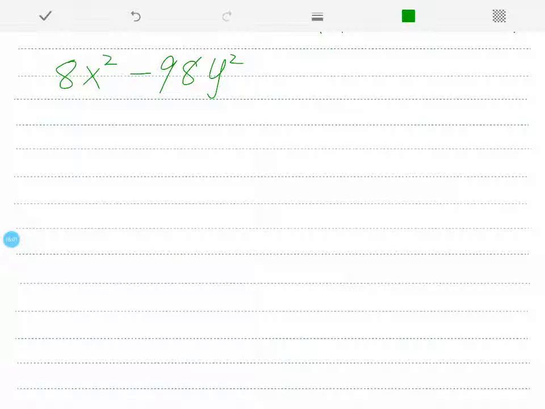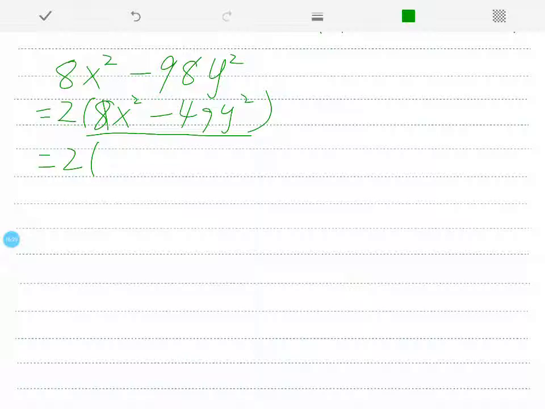Yes, it doesn't fit in the current form, but when you put the common factor in front, which is 2, it becomes 2 times 8x squared minus 49y squared. Now you find what's inside the bracket will fit the formula. So that equals 2 bracket, oh sorry, not 8, it is 4x squared minus 49y squared, so that'll be 2x squared minus 7y squared.